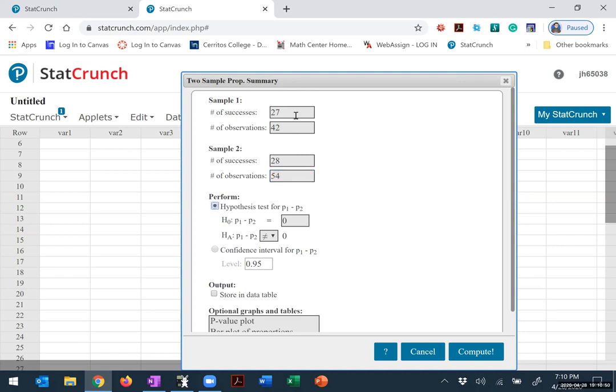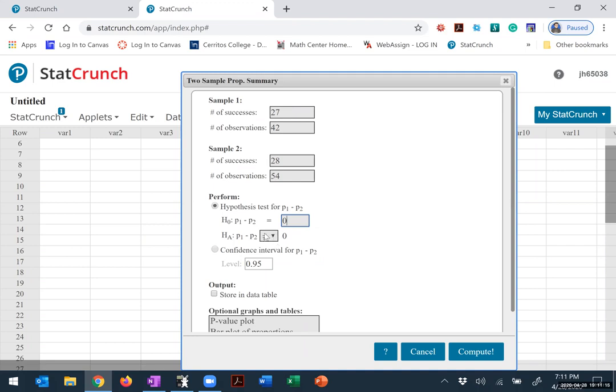Okay, and we want to know, is there a difference between the two, right? So hypothesis test for P1 minus P2. P1 minus P2 is equal to 0. That means that there's no difference. P1 minus P2 is not equal to 0, that's what we wrote.